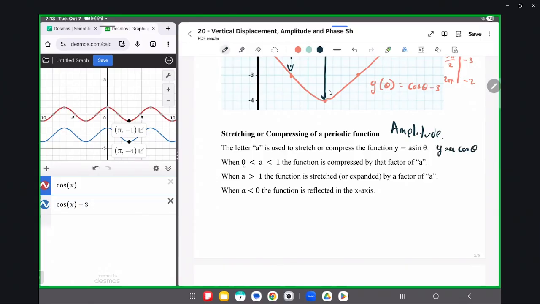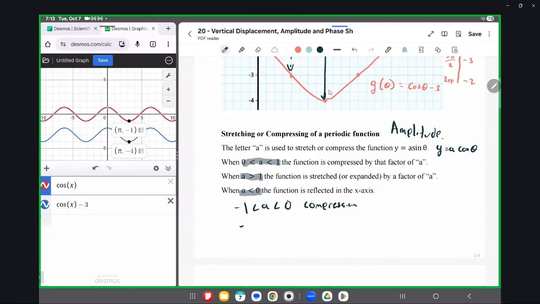If a is between 0 and 1, the function is compressed by that factor of a. When a is greater than 1, the function is stretched or expanded by a factor of a. And when a is less than 0, the function is then reflected in the x-axis. It's worth noting that if a is between -1 and 0, this is also going to be a compression.